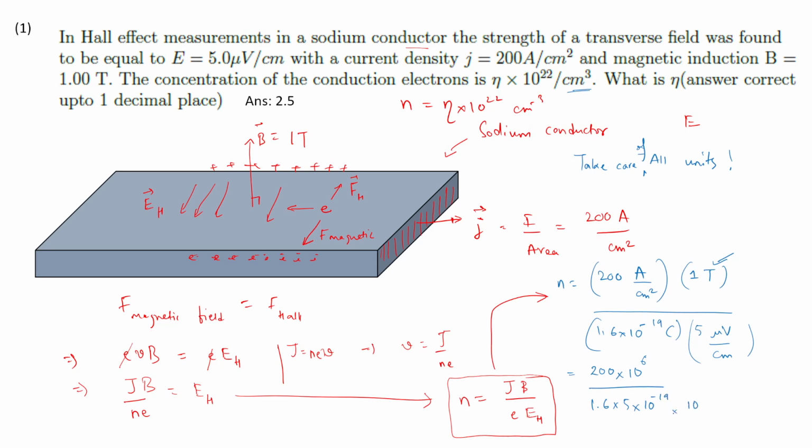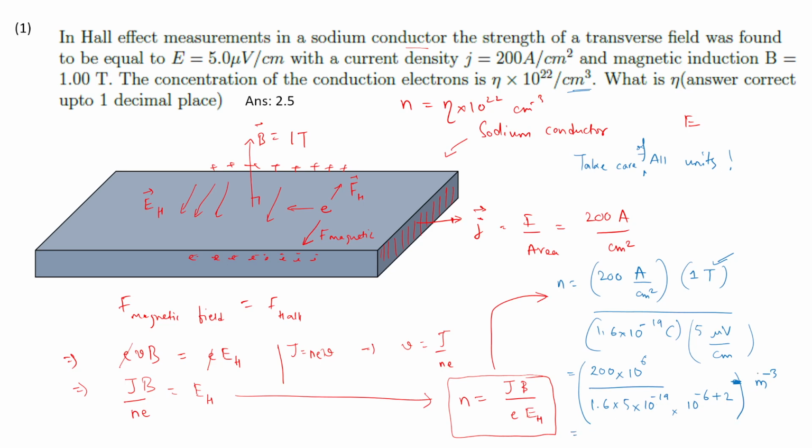Microvolt is 10 to the power minus 6 and centimeter is 10 to the power minus 2, so it will come plus 2. If you evaluate all this, you get the number of electrons per meter cube. If you want it per centimeter cube, you have to convert it back.